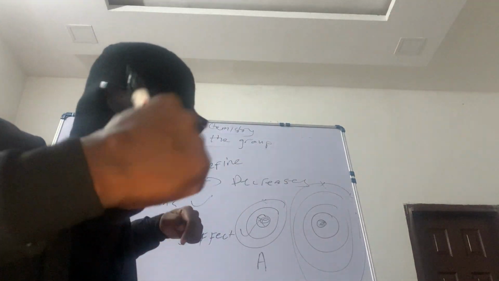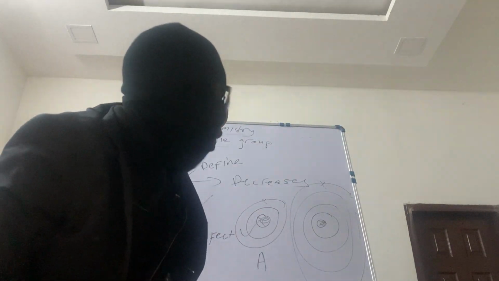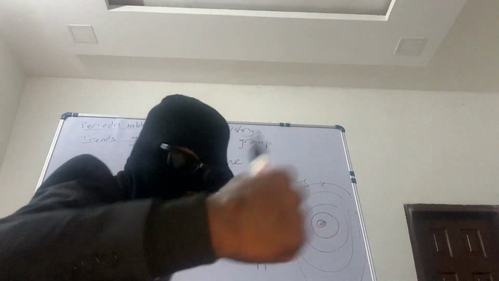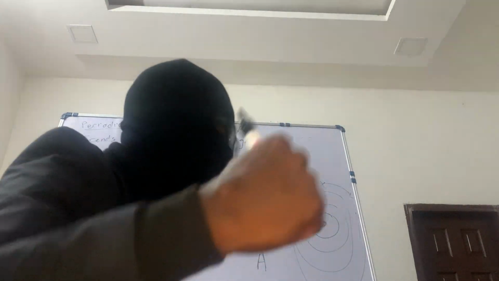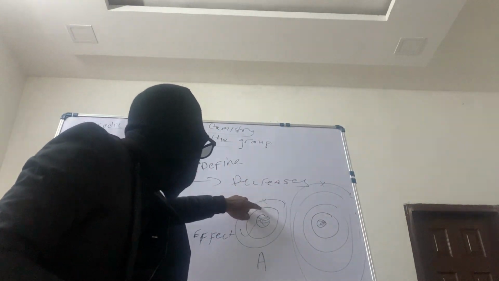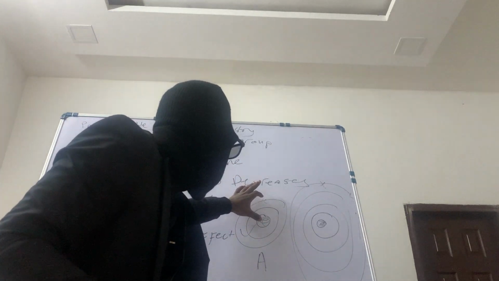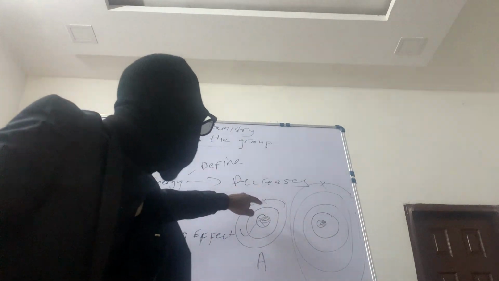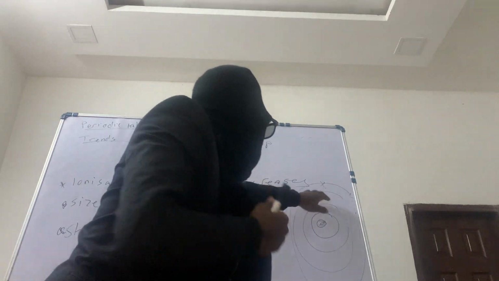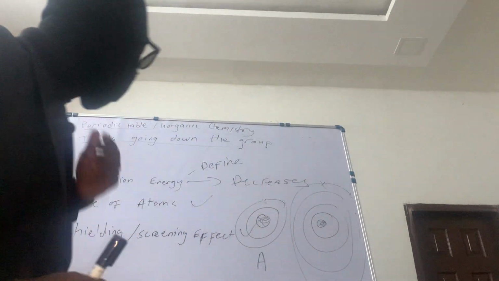The electron is saying, no, I don't want to come there. The electron wants to go in the opposite direction, but the nucleus is saying, come my brother, we are inseparable. So there is a force of attraction between this electron and the nucleus. But now look: the atomic radius between this electron and the nucleus is small compared to the atomic radius between this electron and this atom.